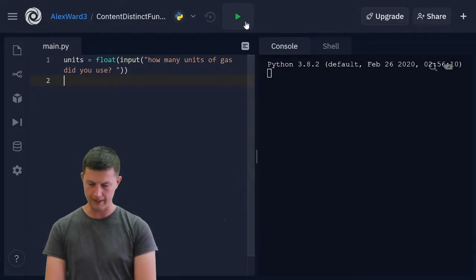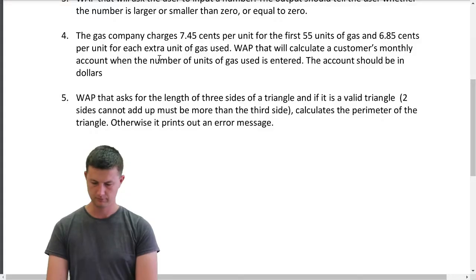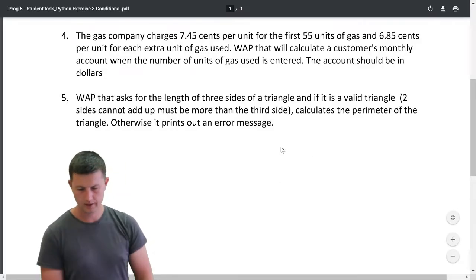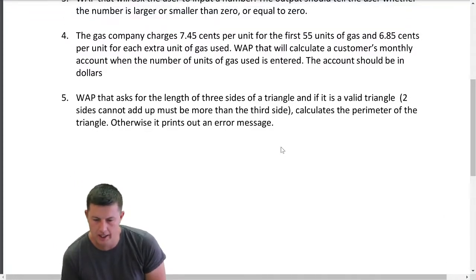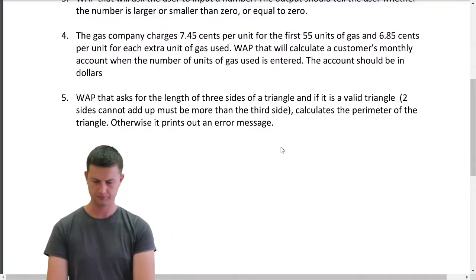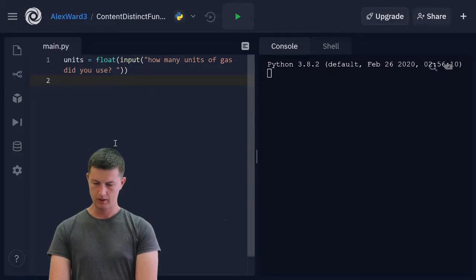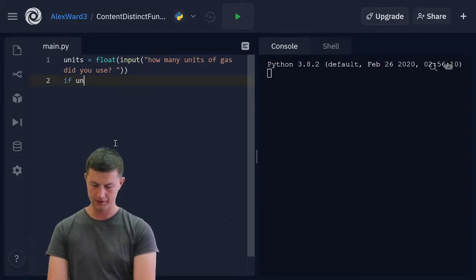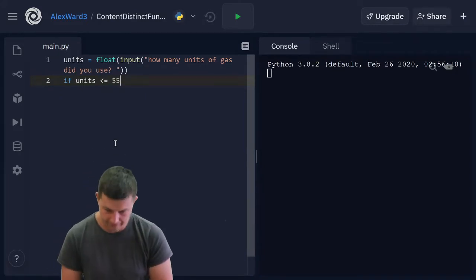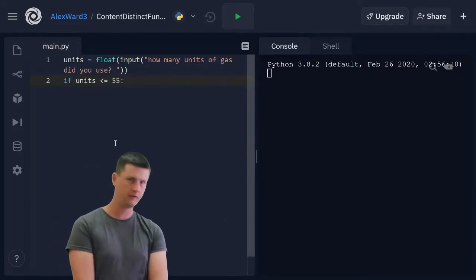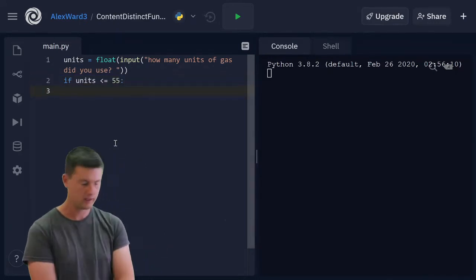Cool. Now that we've got that, what are we actually doing with that? It's more expensive. So, if units is less than or equal to 55, colon, finish the if statement, enter.